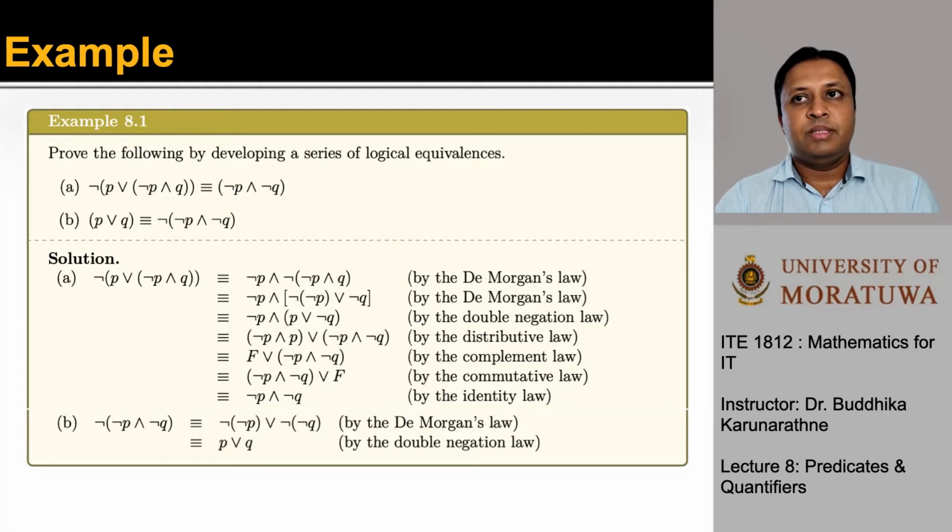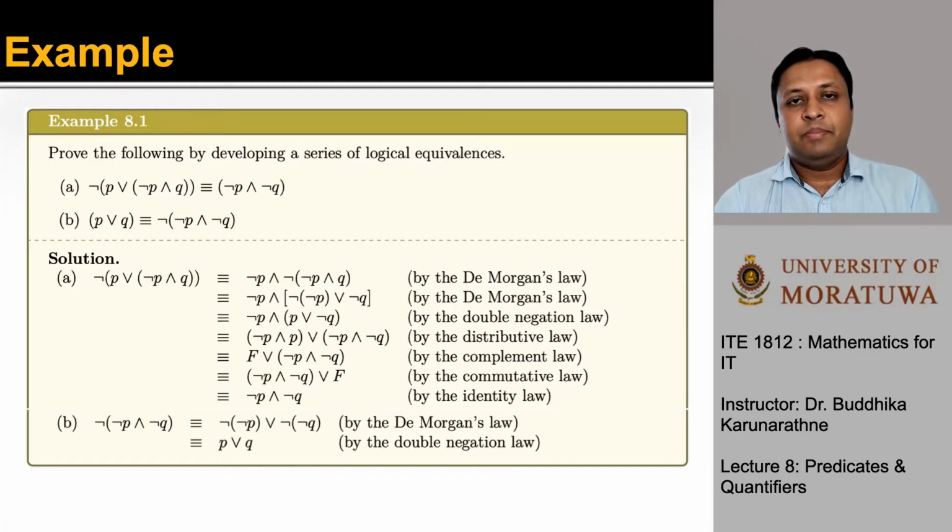So we need to take it step by step and apply different laws at different steps. So the first step would be to apply De Morgan's law for the statement given in the left hand side of the statement. So applying De Morgan's law, you will get negation of P, conjunction, negation of P, conjunction Q.